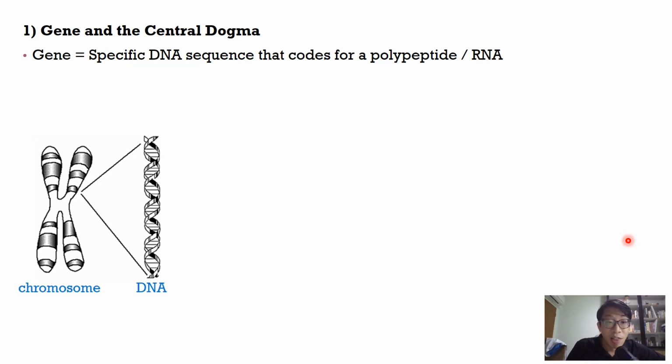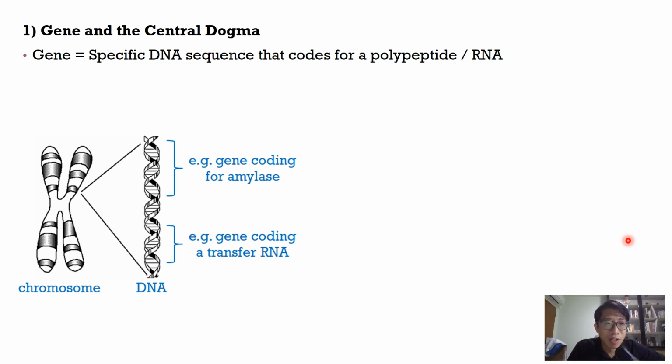So the DNA is very long, right? So within the DNA, there are certain segments or certain sequences that code for a product. So in my example here, I have this sequence that codes for amylase, an enzyme, and another sequence here that codes for a tRNA.